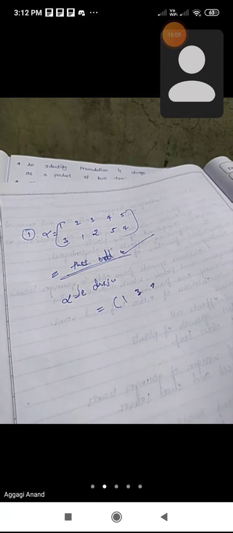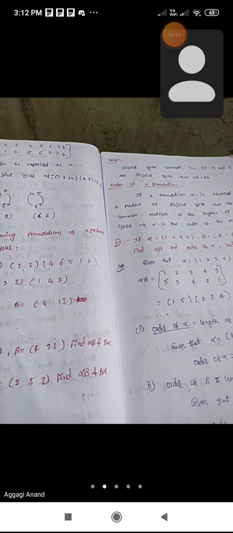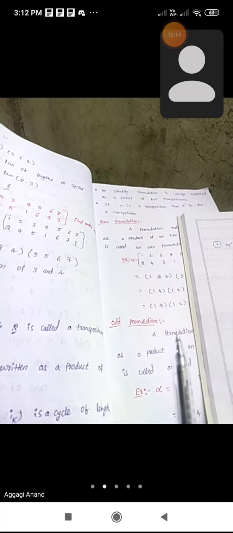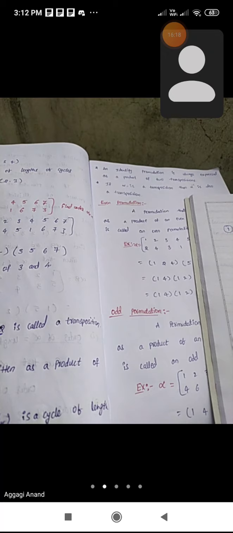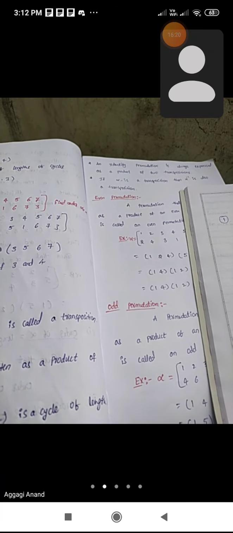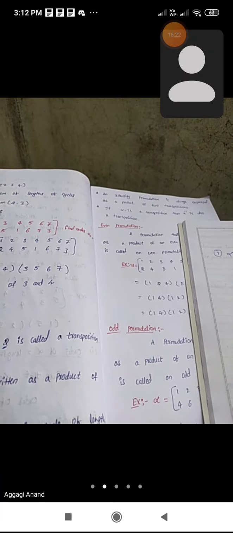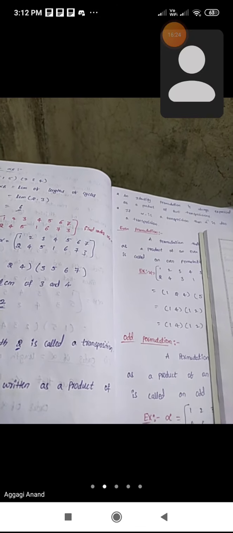Okay, so this is today's class. First, in previous classes we discussed disjoint cycles and multiplication of cycles. In this class we have discussed the order of a permutation, transpositions, even permutation and odd permutation.